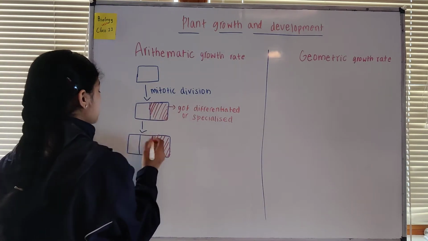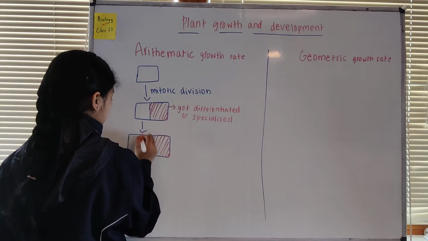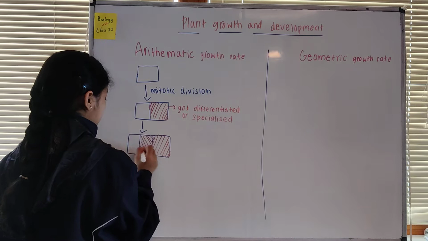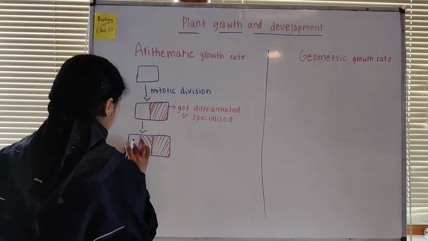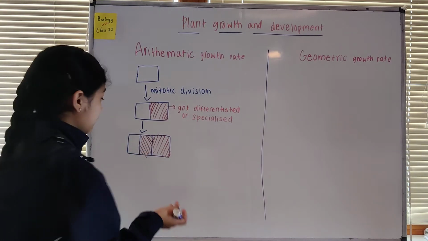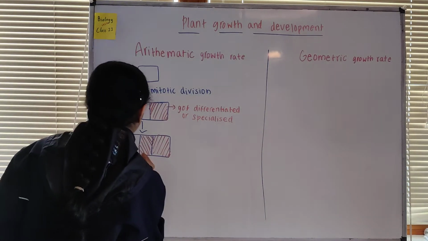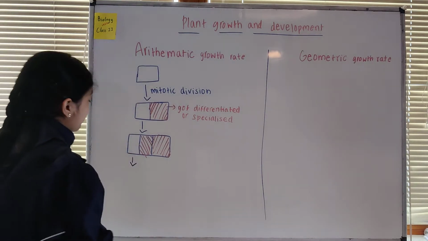In these two cells, one more cell is going to differentiate in this way. So these two cells have lost the ability to divide. So this one is going to divide now.